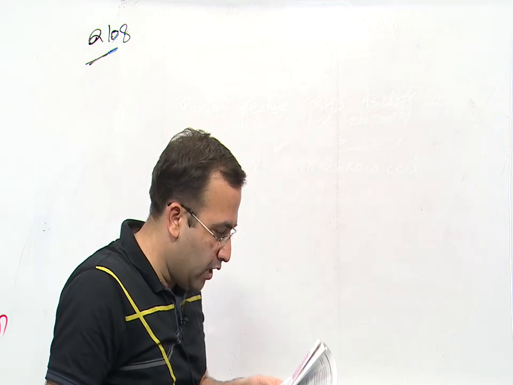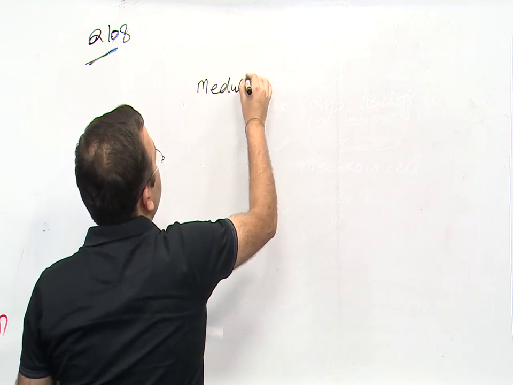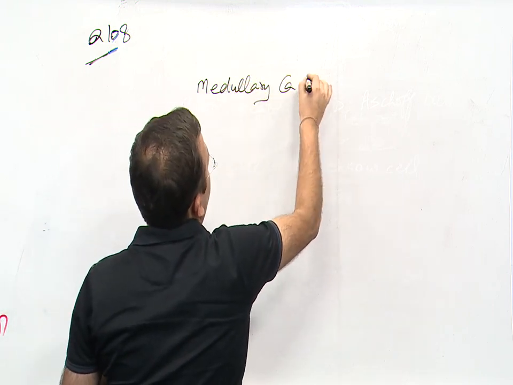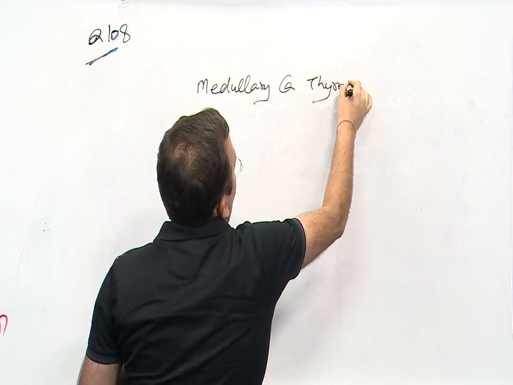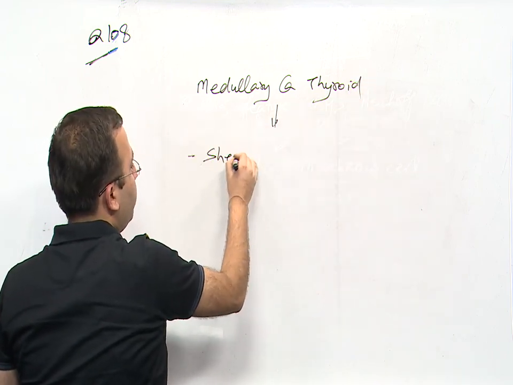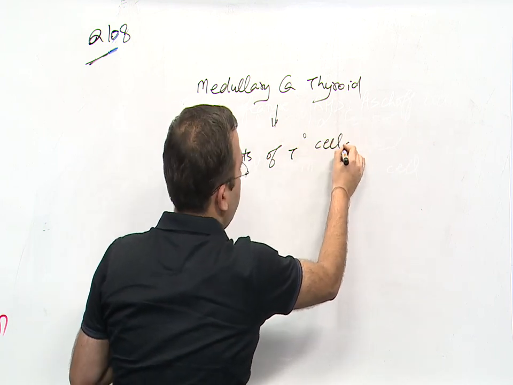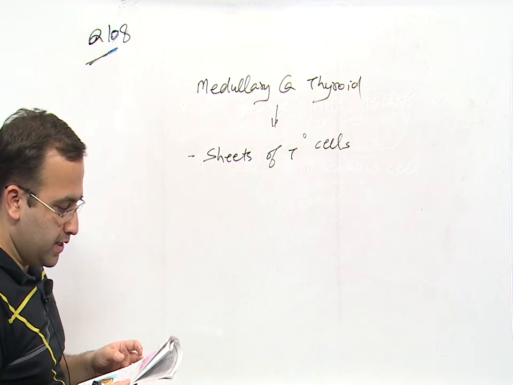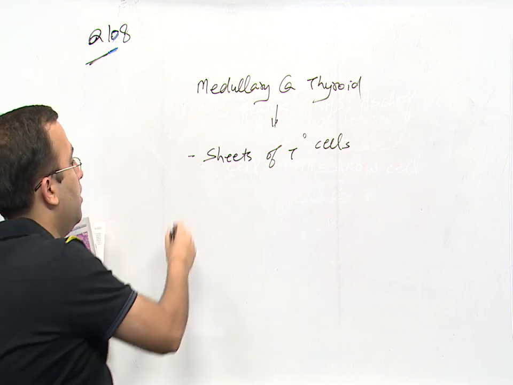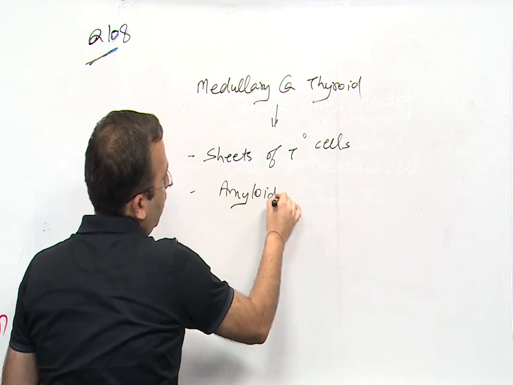You have thyroid showing medullary carcinoma thyroid. What you have here are sheets of tumor cells with amyloid.